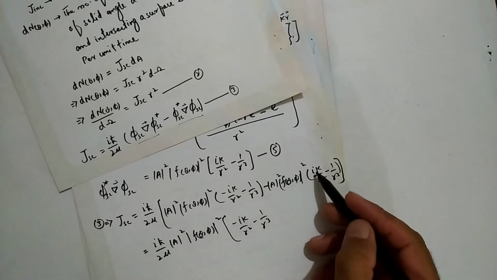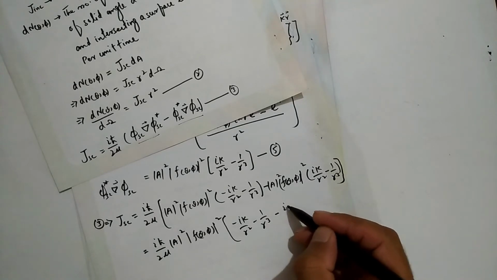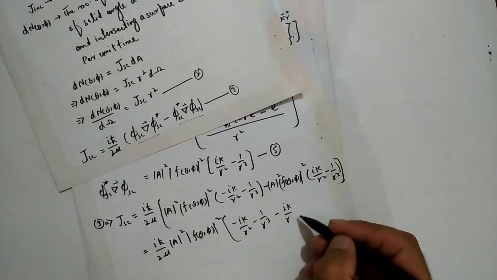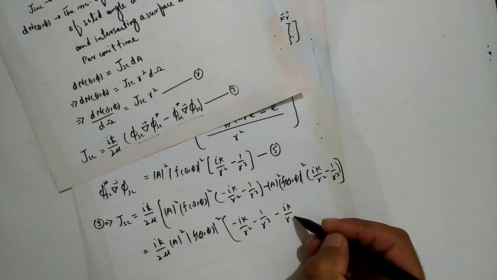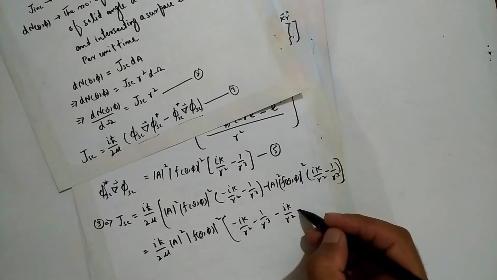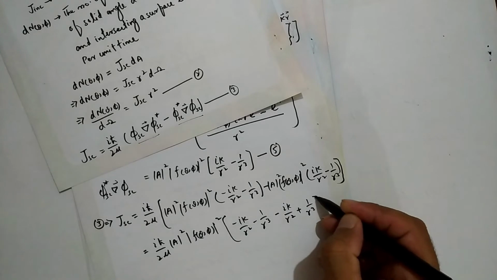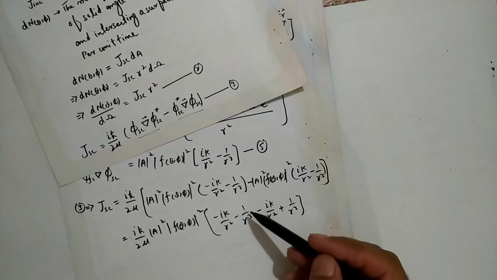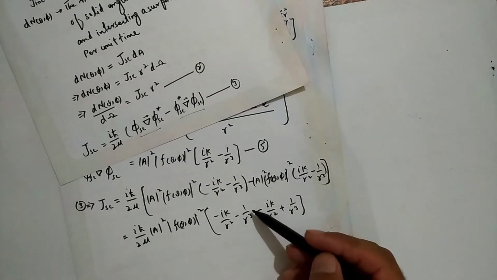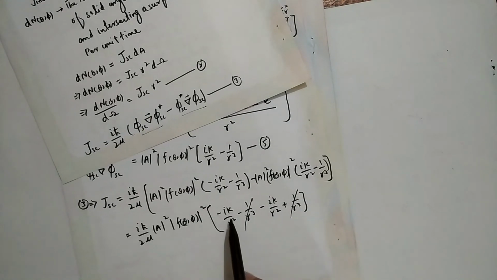Similarly, when this negative term is multiplied with this one, we will be left with ik divided by r square, and it will become positive 1 upon r cube. Here this negative 1 over r cube will be cancelled with this term, and this will be minus 2 ik over r square.